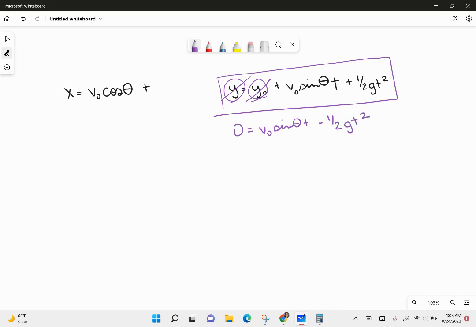I don't like working with negatives, so I'm going to add 1/2 gt squared to both sides. So now I have the equation 1/2 gt squared is equal to v naught sine theta t.